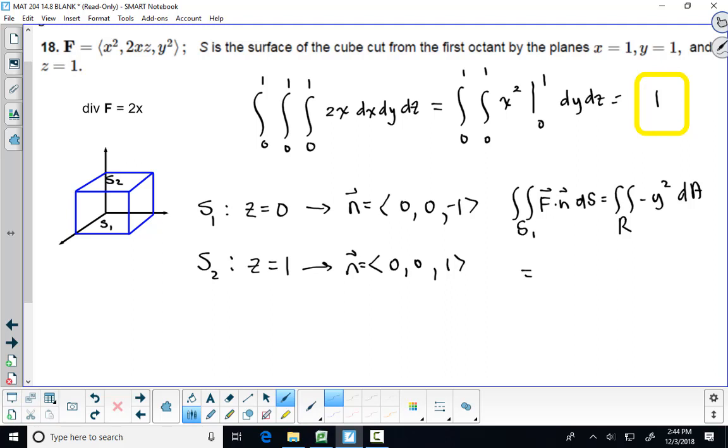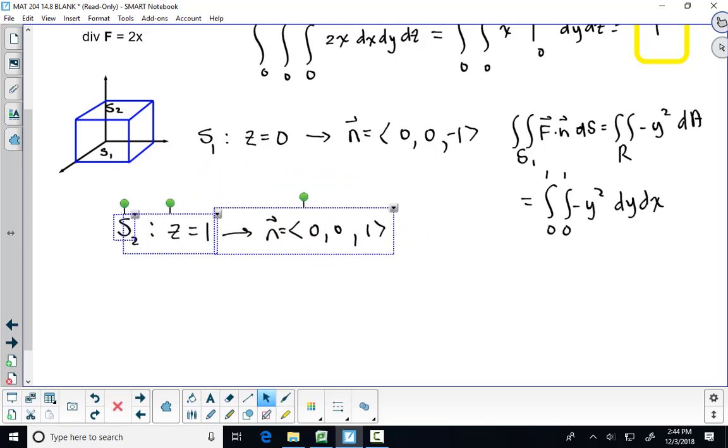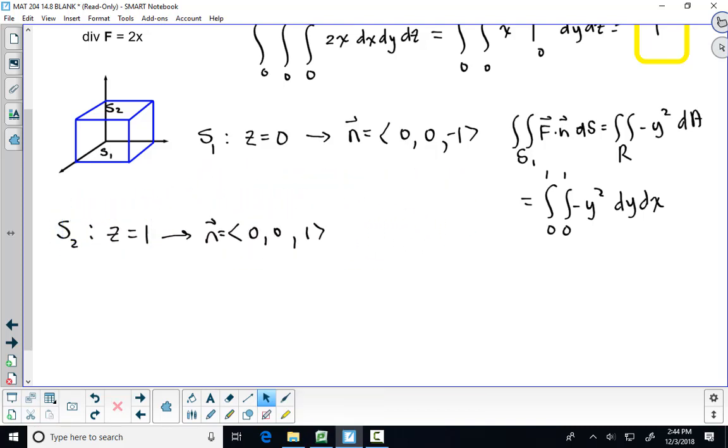We integrate it. And we are going to integrate with respect to, let's go with respect to y first and then x. Now dy dx, because we have a square, these are easy enough. We just go 0 to 1 for both of those. And again, we just equal 1.